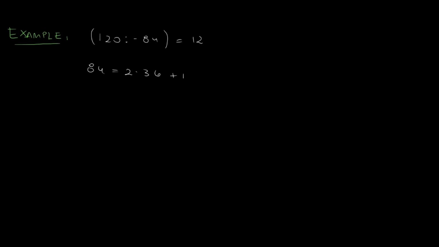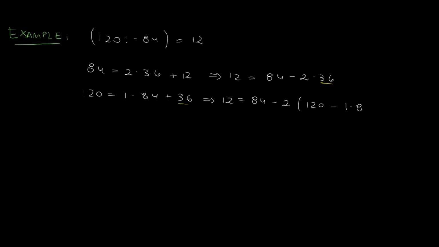So from here we can say that 12 equals 84 minus 2 times 36. And the other division was that 120 equals 1 times 84 plus 36. So we have 36 here, and then we can conclude that 12 is equal to 84 minus 2 times (120 minus 1 times 84).